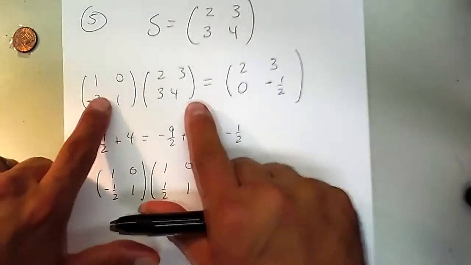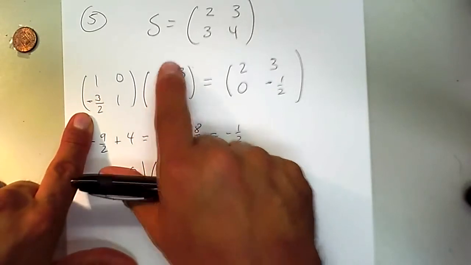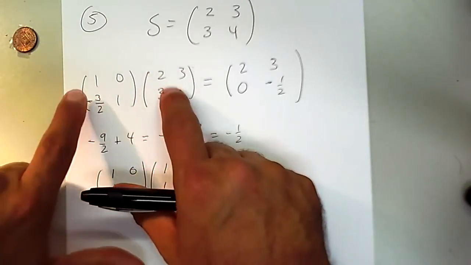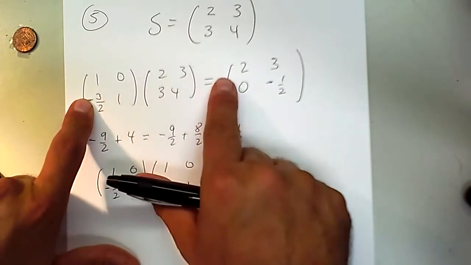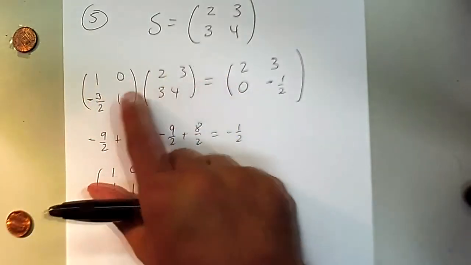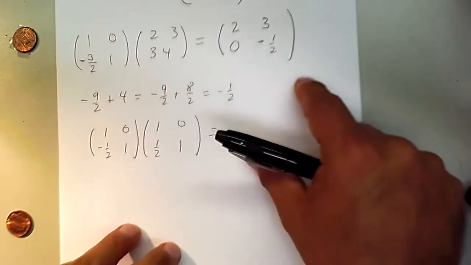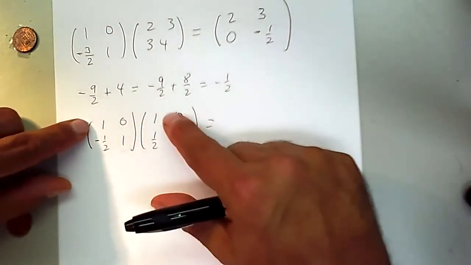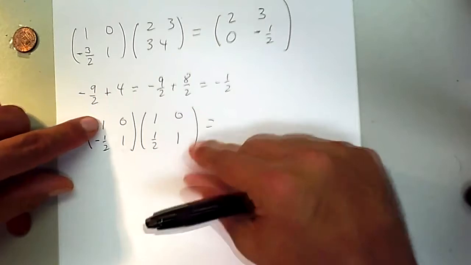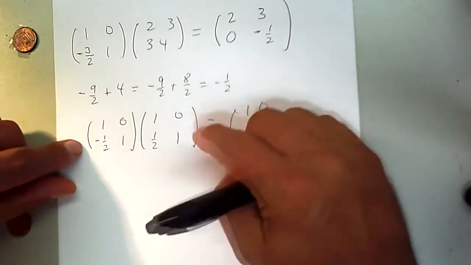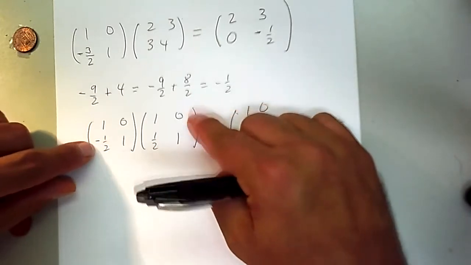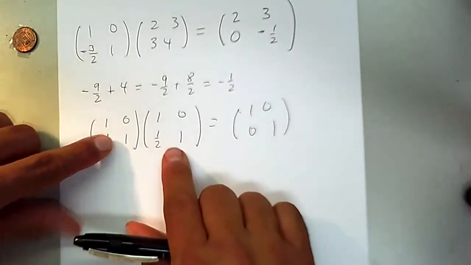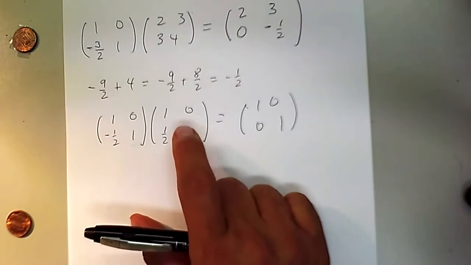Because if I want to factor the S, this is S, I want to move this to the other side of the equation. But we have to multiply by the inverse to get to the other side of the equation. But inverses in matrices are very, very tricky. So just double checking. So that is 1, 0, and then negative 1/2 plus 1/2 is 0, and then 0 and 1 is 1. So sure enough, this is the identity. Rather, this is the inverse of this.